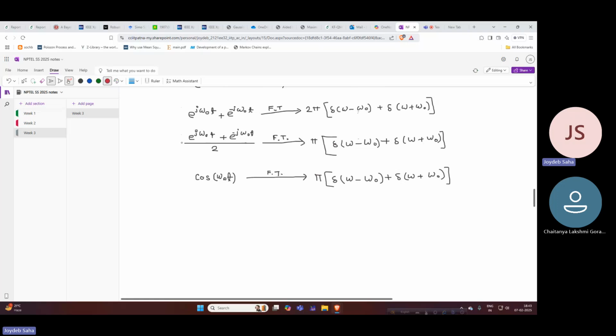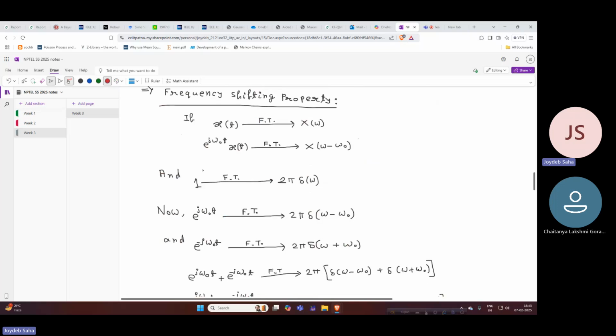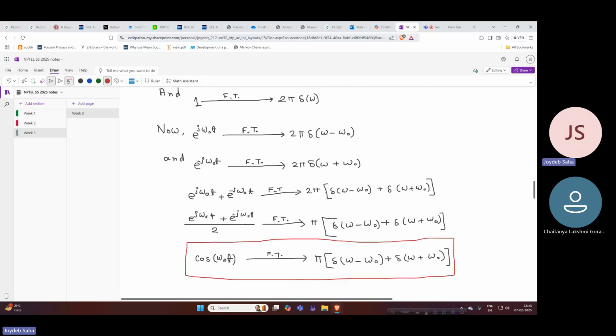So this is our solution. This is the way we have solved. It may look difficult, but it is not that much. So try to understand what we have done till now, especially this portion. Then we will move towards the next question. Take 2 or 3 minutes and try to understand.